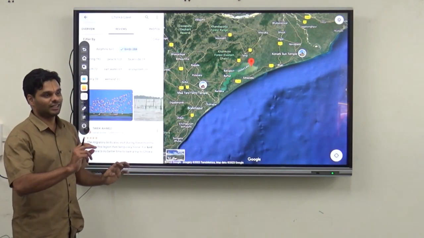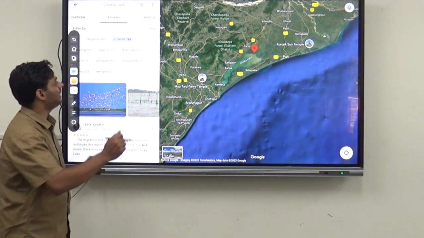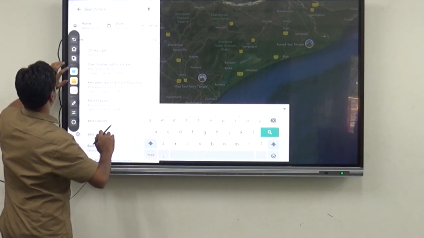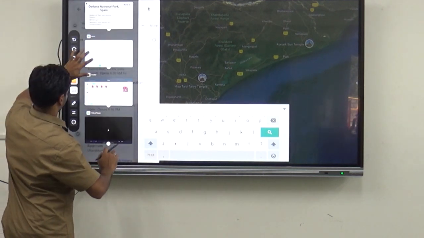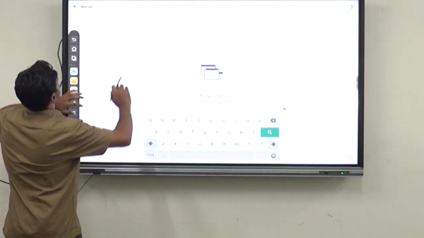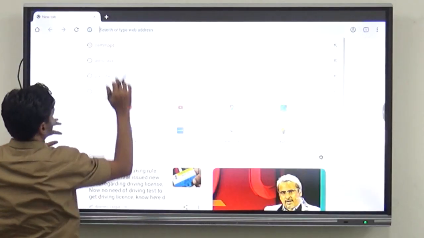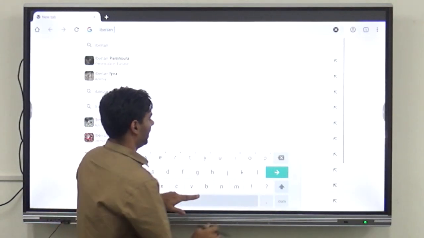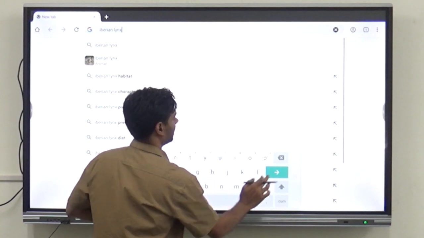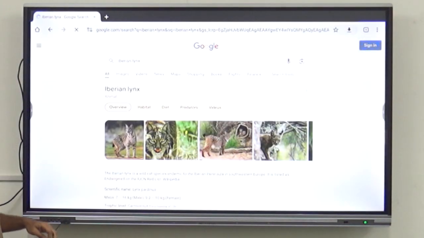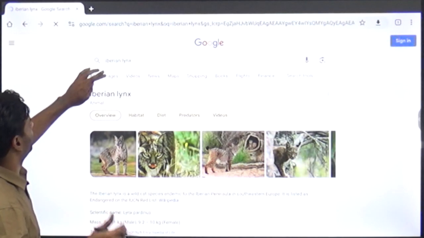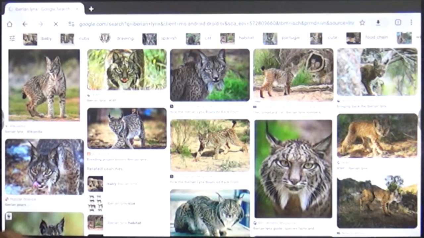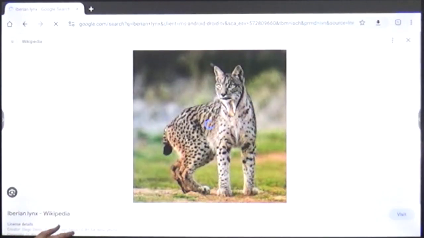So it has a very interesting cat called Iberian lynx. I just want to show that to you. Have you seen an Iberian lynx? You know what a lynx is? Yes? Yeah. A lynx is a big cat. It's in between a cat and a tiger. Not tiger, leopard, sorry. So it's in between a cat and a leopard.